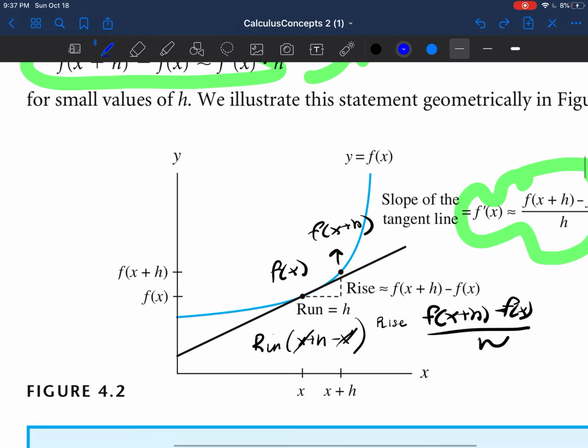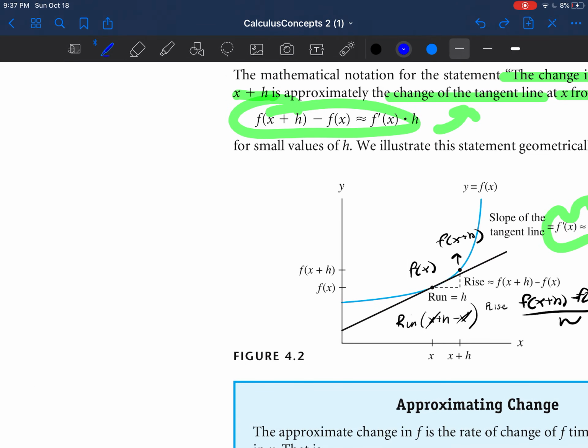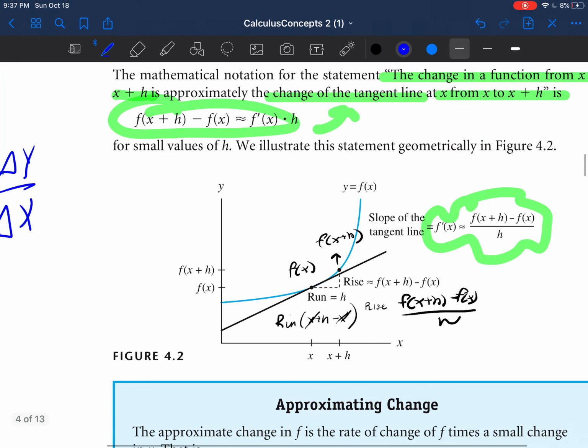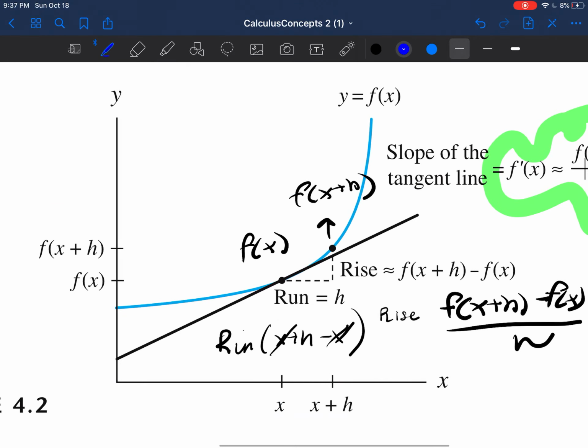So when you want to find the rate of change, what would you do in Algebra 1? You would do rise over run. So that's just the change of y over the change of x. So let's look over here. So let's say you calculated the derivative for this, right? So that's f of x. And this is f of x.